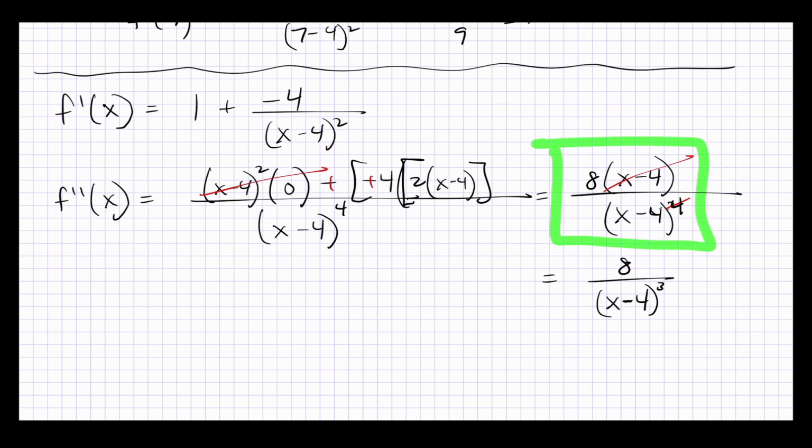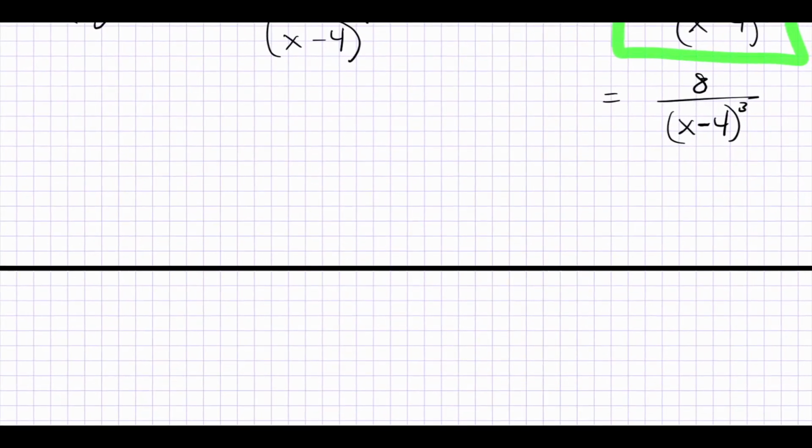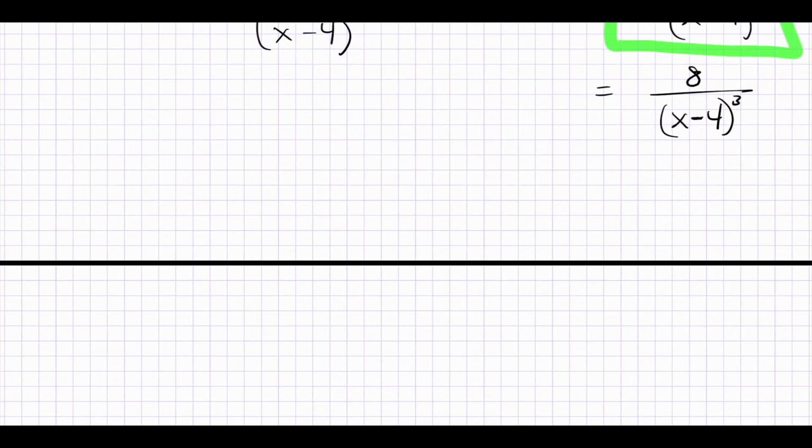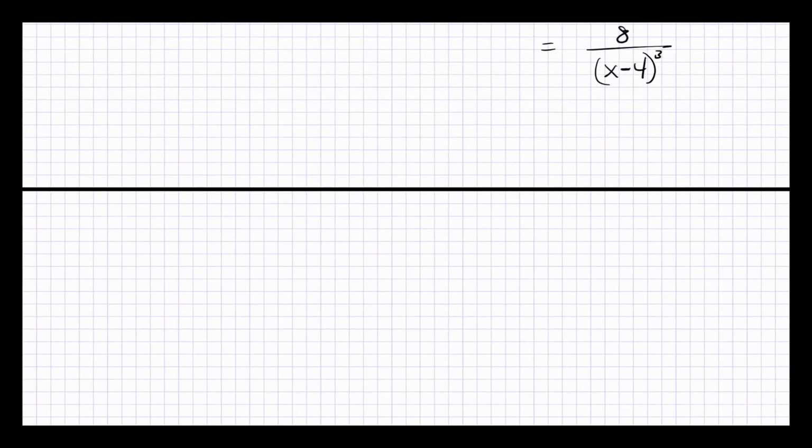Okay. So now I need to do the same thing I did for the first derivative with that guy. Okay. So I'm going to set the top equal to 0. Well, the top can never be 0. It's just 8. But the bottom could be 0. So let's see. So x minus 4 cubed equals 0. Okay, so take the third root of both sides.